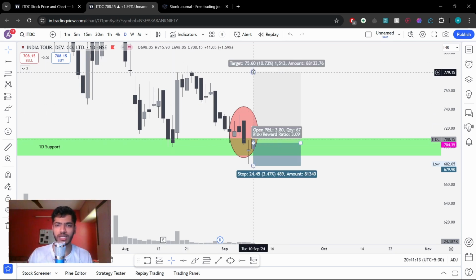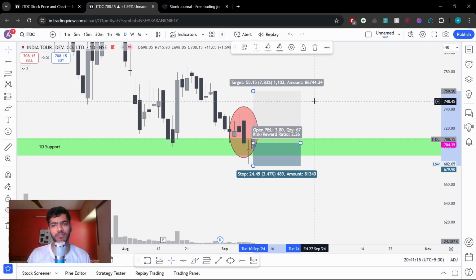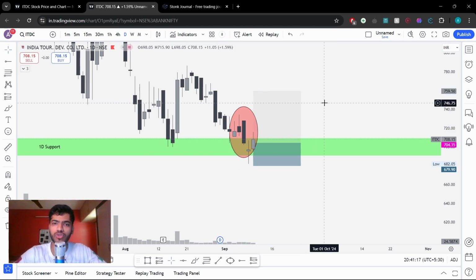I think I'll just target 1:2, because next month in September there are going to be elections in the US, and there are many news flows which are affecting the prices of stocks and indexes. So I won't be expecting great results this month. I'll just do what I'm supposed to do, which is execute.